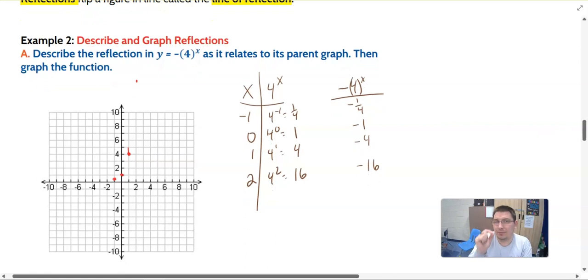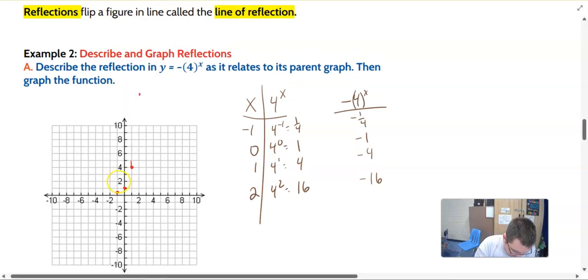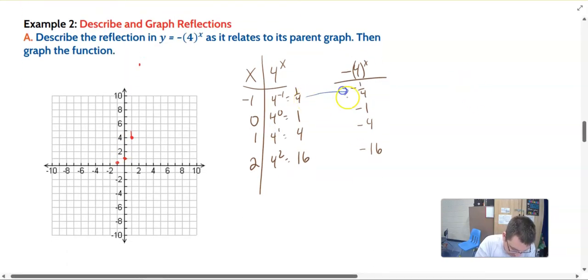But again, that negative in front is going to reflect it across the x-axis. And so all 4 of these points will end up below the x-axis the same distance. And we see that here with these 4 values. 1/4 to -1/4, so that's going to go here. And then 1 to -1, so that's going here. 4 down to -4, and 16 down to -16.